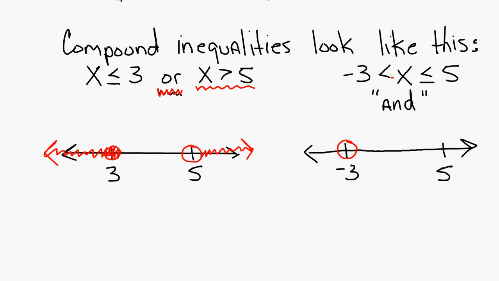And on the 5, it's a less than or equal to symbol, so it's a closed circle. And then when you're graphing the and inequalities, you shade in between the two values, because the x is between the -3 and the 5.